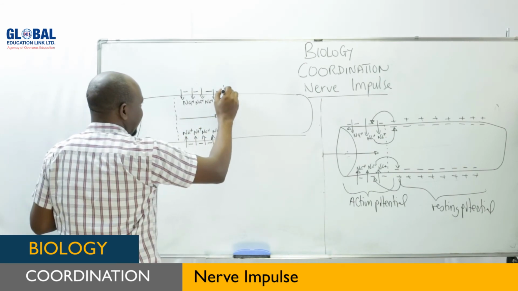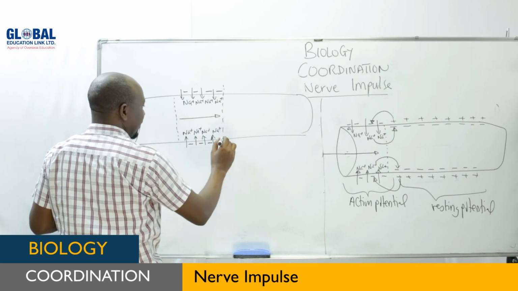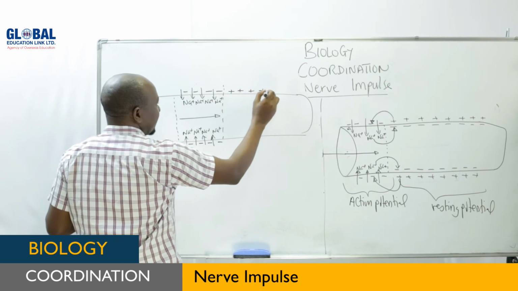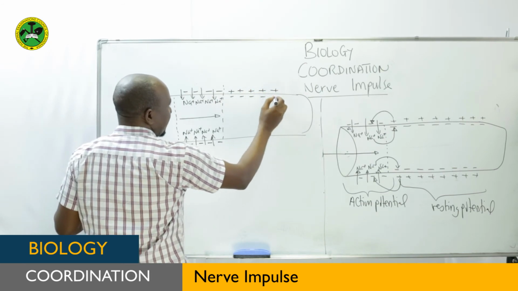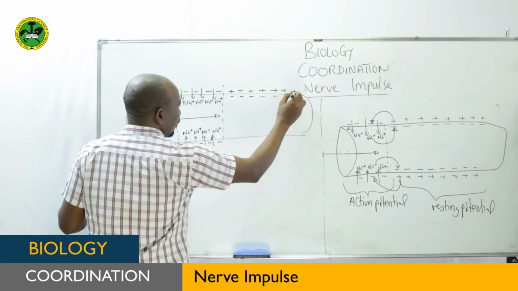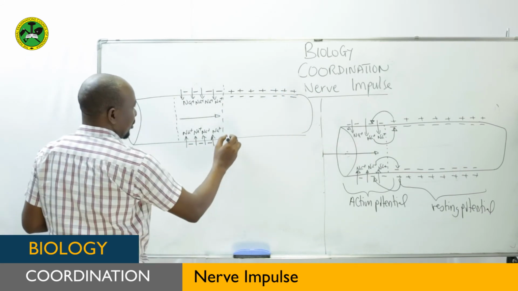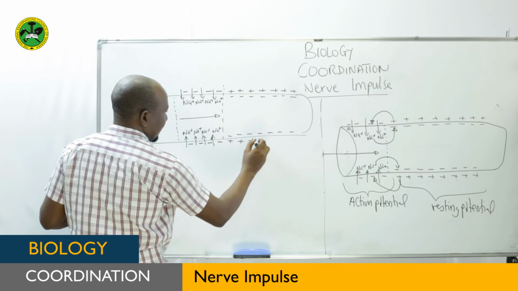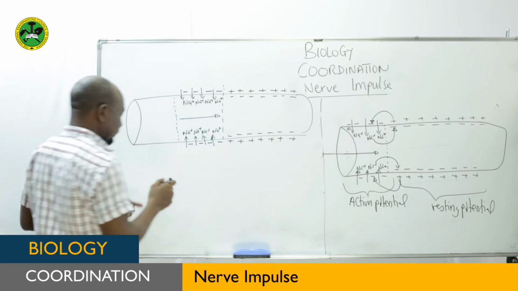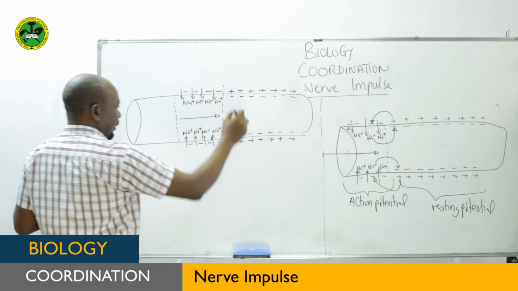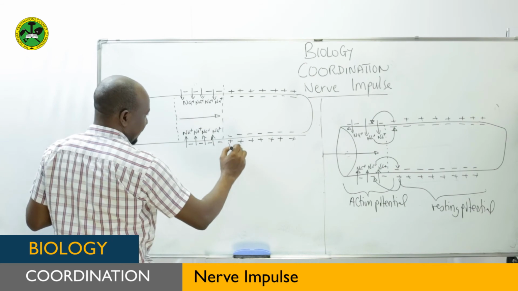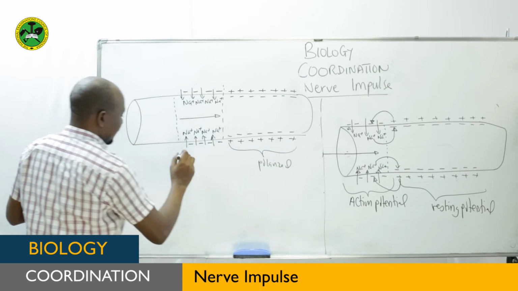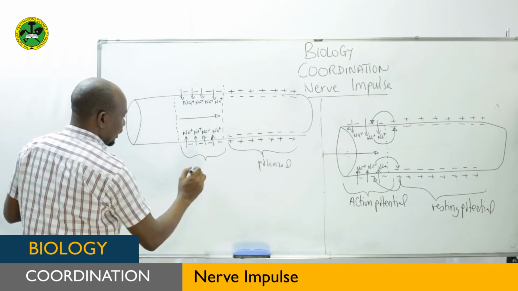But the remaining part where the nerve impulse has not reached is still at resting potential, where it is more electropositive outside and more electronegative inside. Dear student, this membrane is polarized. This is polarized. This is depolarized.